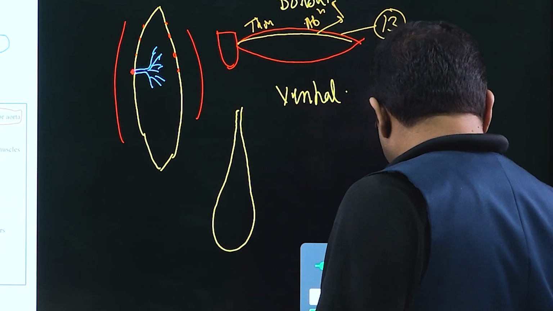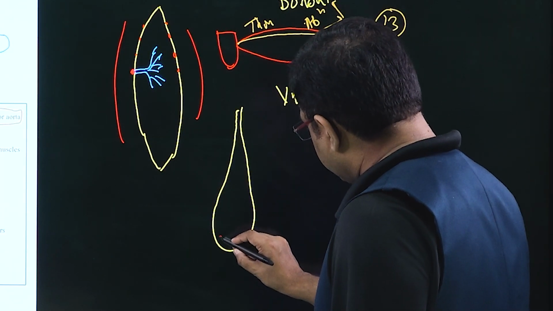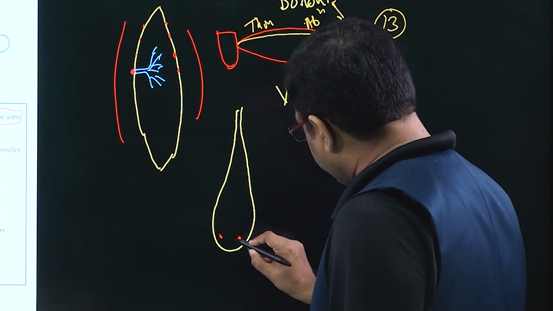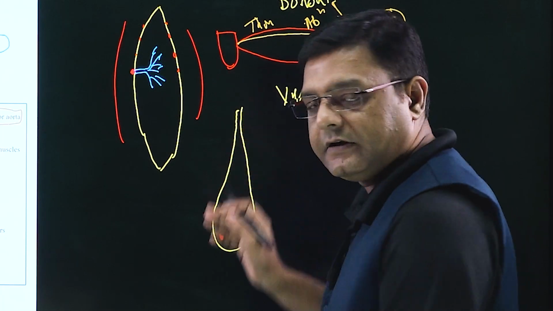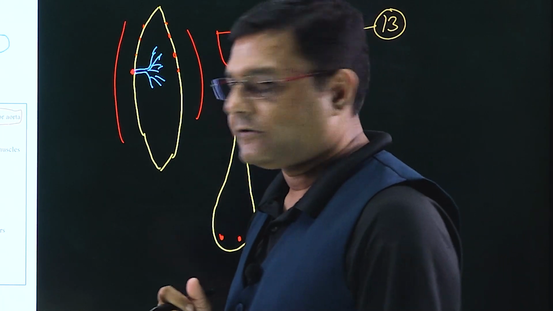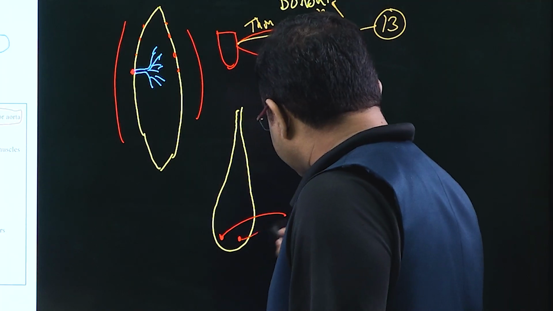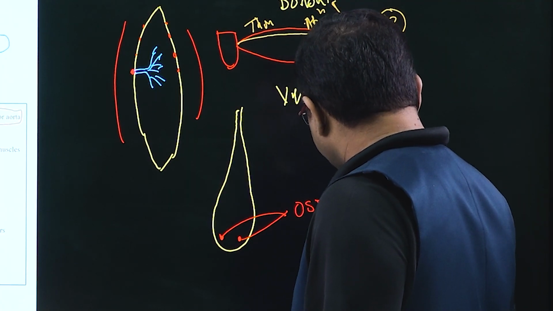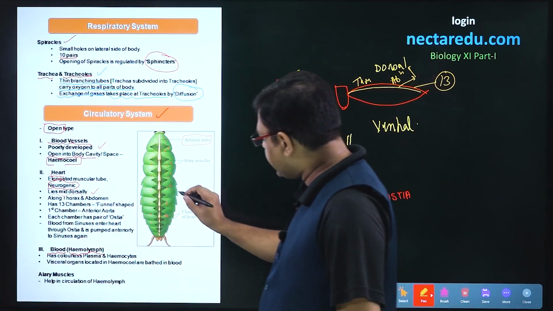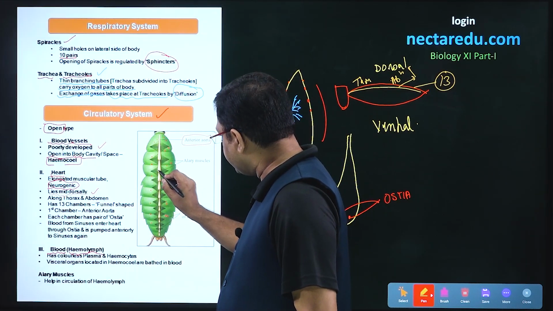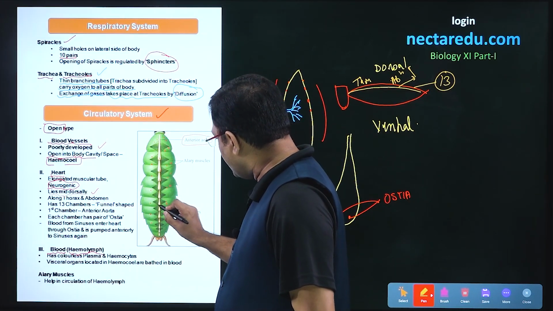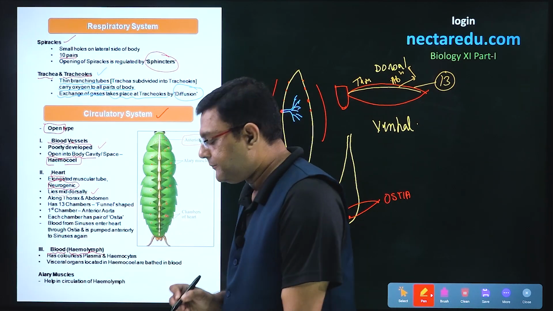Now, this chamber has two apertures. One pair of apertures will be present in each of these funnel shaped structures, and these are called ostia. So, in this diagram, we can say that ostia will be present like this, like this. So, two ostia in every chamber.